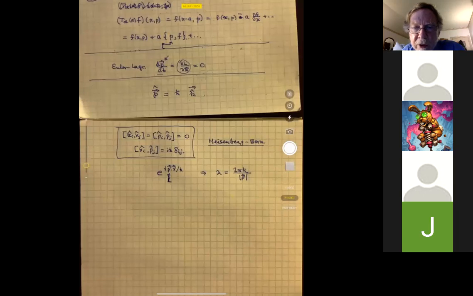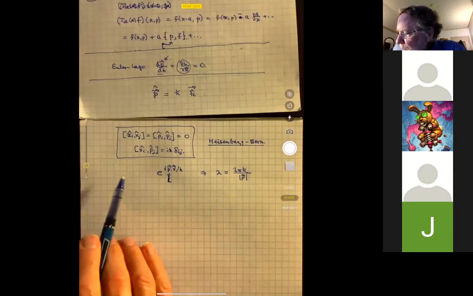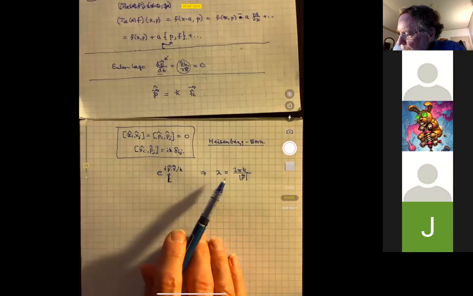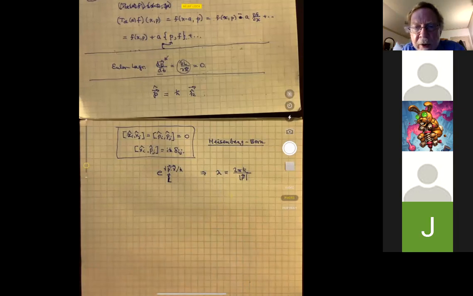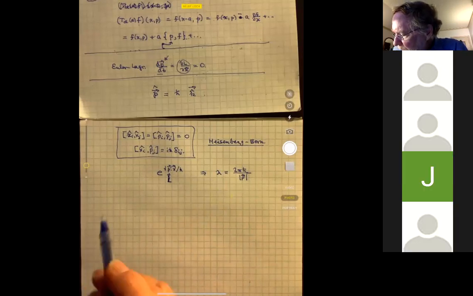I recommend that you read that section in Cummins' book if you want to see some beautiful experimental results. Anyway, those experiments fully confirm these commutation relations and the notion of the de Broglie wavelength and so on, interference between waves. All right, so that is the way of introducing the momentum into quantum mechanics.